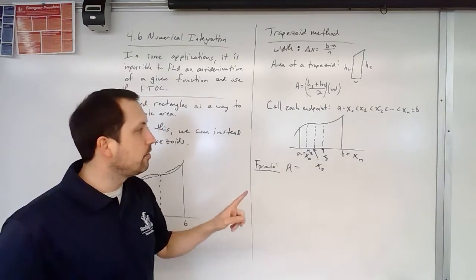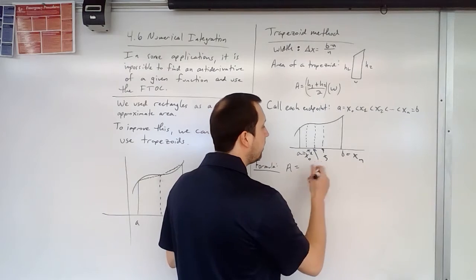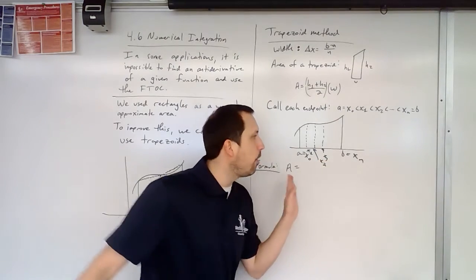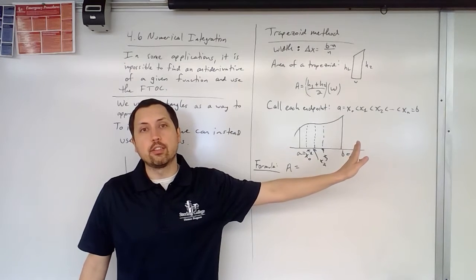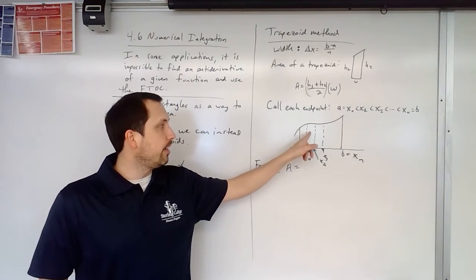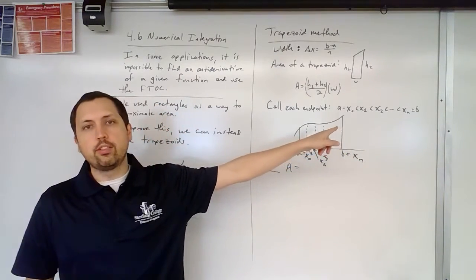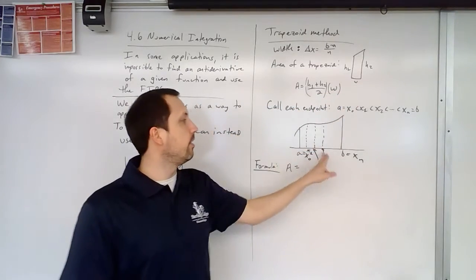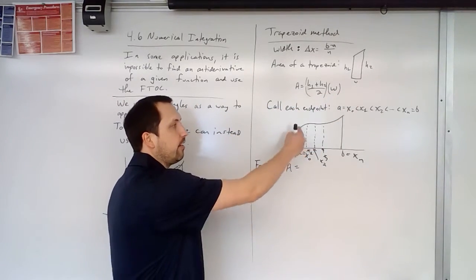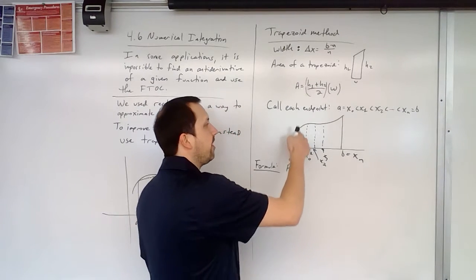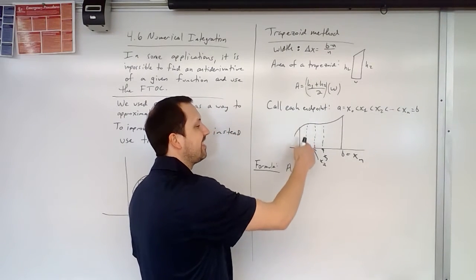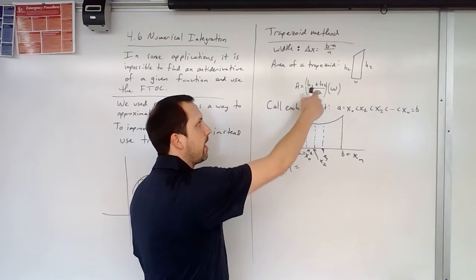What this notation allows us to do is write down a formula that would calculate the total area present. We can calculate the area of each of these trapezoids using this formula with this notation. So the area of my first trapezoid is going to be this first height plus this other height, divided by 2.